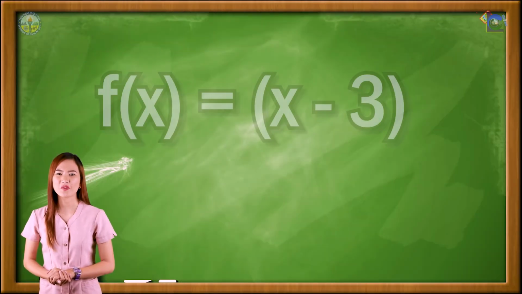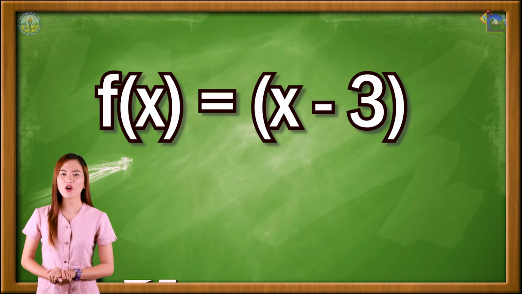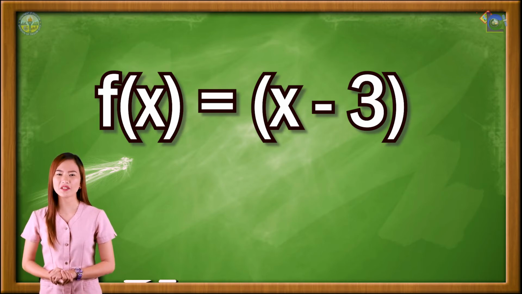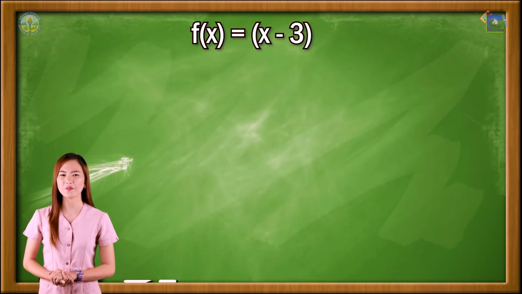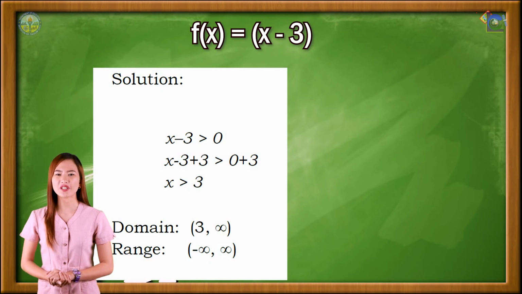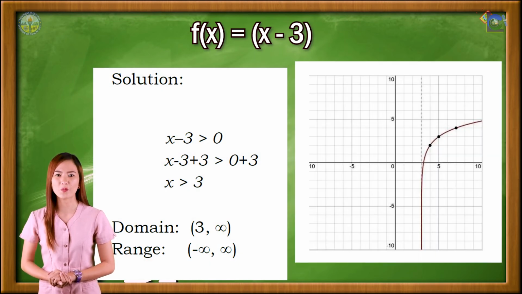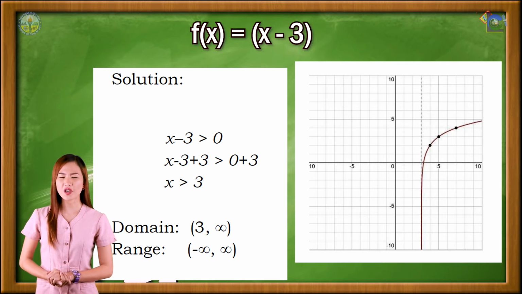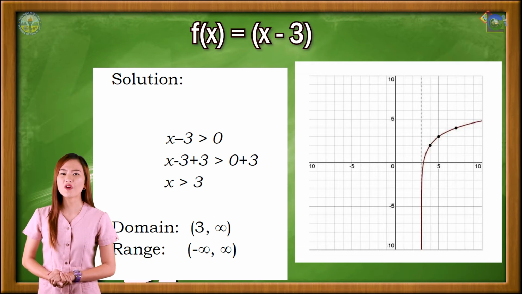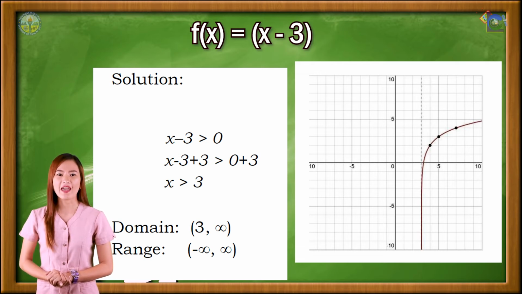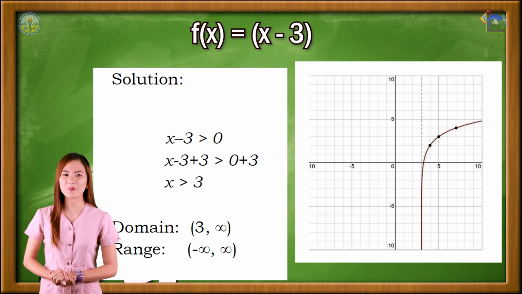Next example. Find the domain and range of f of x equals log of the quantity x minus 3. The argument must be greater than 0. So x minus 3 is greater than 0. By the addition property of equality, we add 3 to both sides to find the value of x. x now is greater than 3.